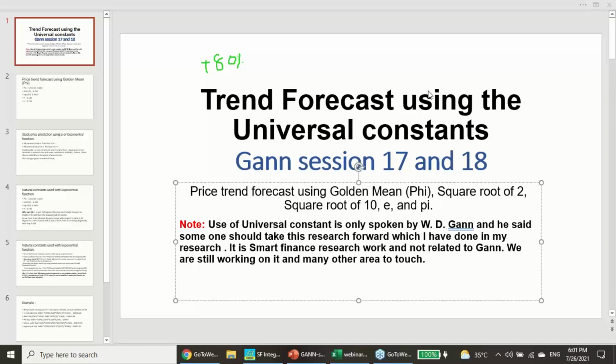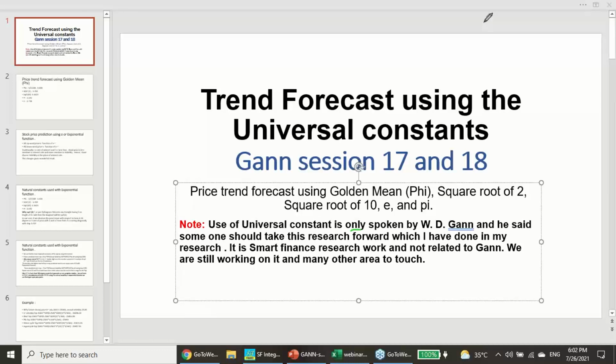It's a very promising method. In the last corn course, W.D. Gann, who used to give certain courses on different commodities, mentioned that using the universal constants you can also do a great trend forecast.